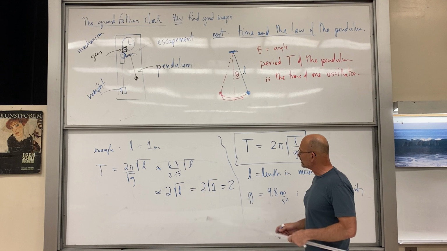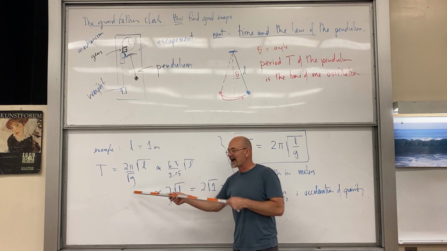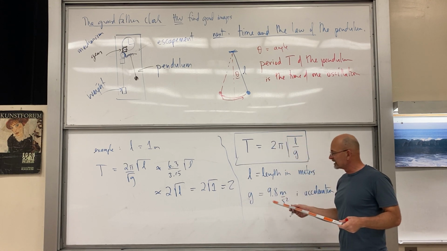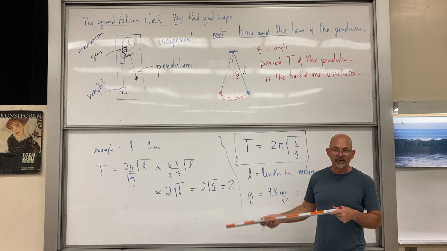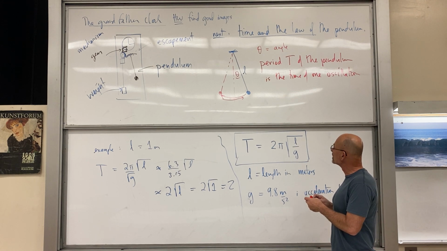But the exact one you can get by plugging in 2 pi and then dividing by the square root of 9.8. And you'll see we're close. It's within a couple percent. It's pretty good. So that's the period of the pendulum.